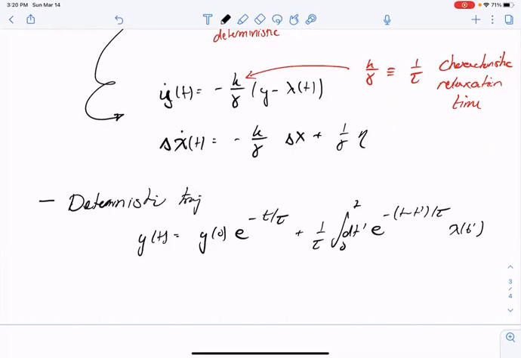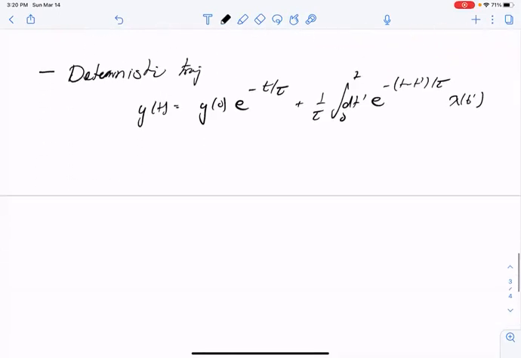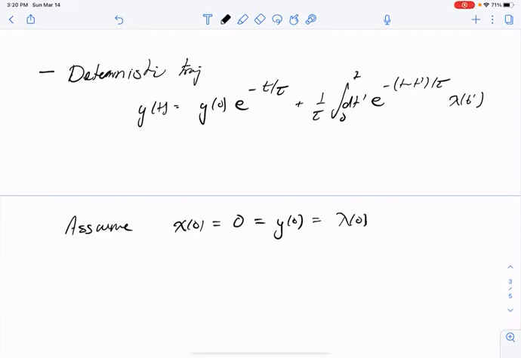That's exact. Now let's make some simplifications without loss of generality. Let's assume that x of 0 is equal to 0. And as a consequence, y of 0 is 0. And let's set it up such that lambda of 0 is 0.